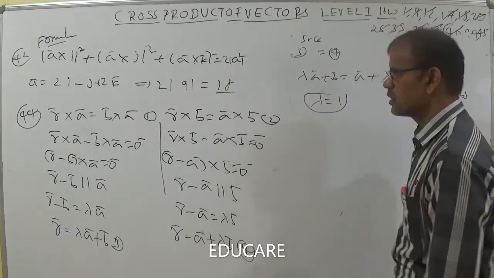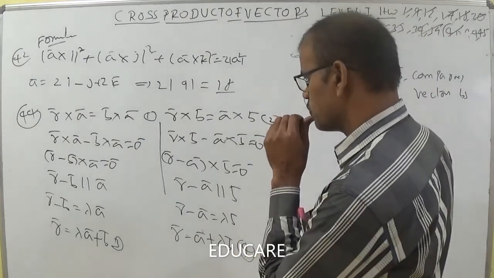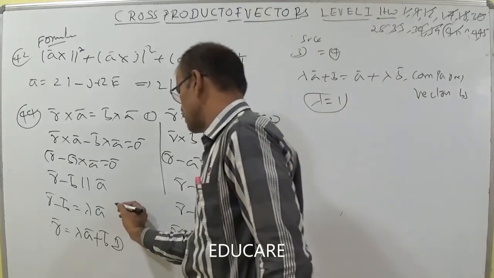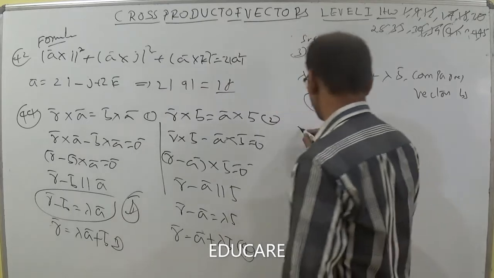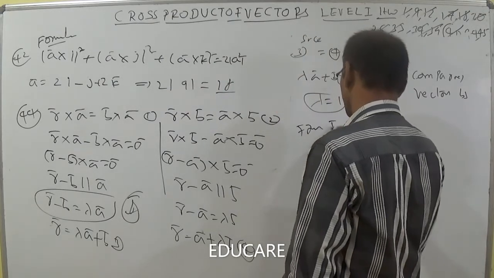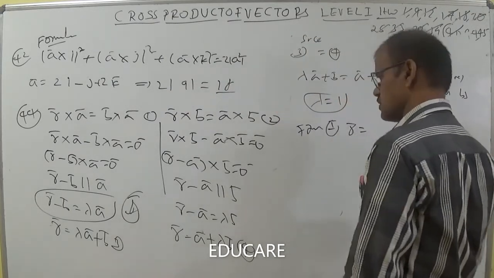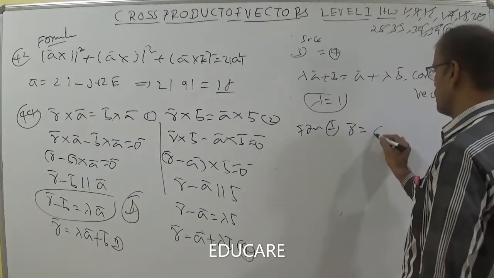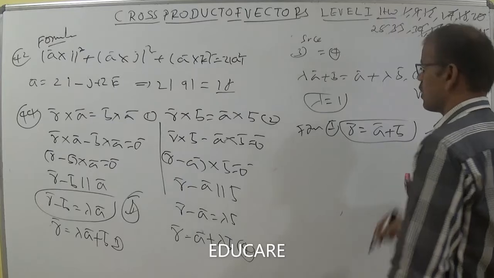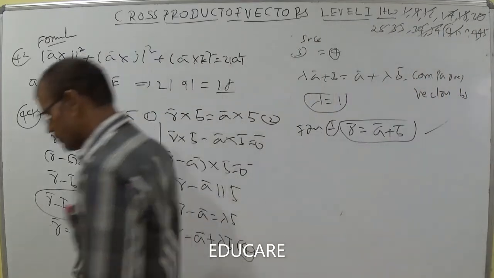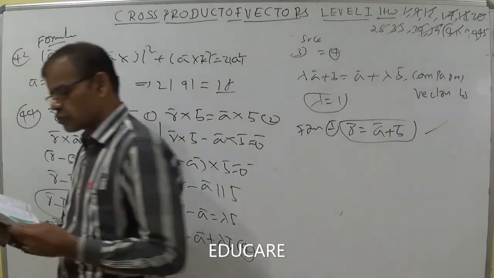If you substitute the value lambda equal to 1, from Roman number 1 you can write R bar is equal to, lambda means 1, A bar plus B bar. So A bar plus B bar is the point of intersection of the given two lines.